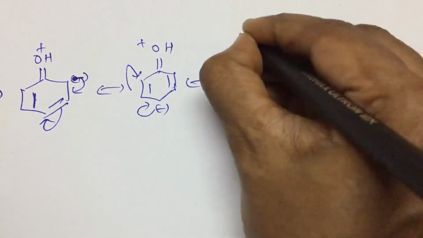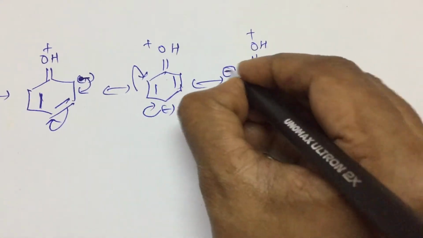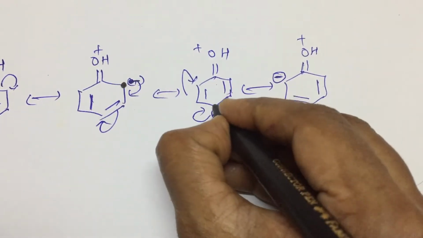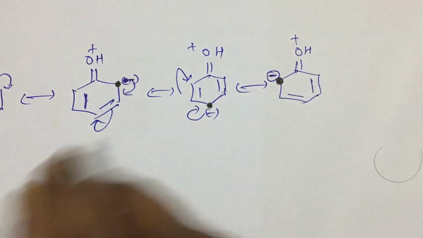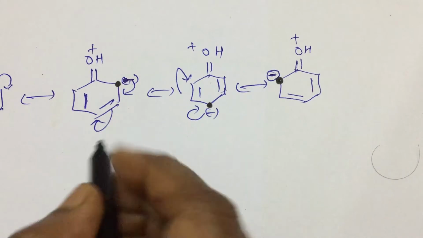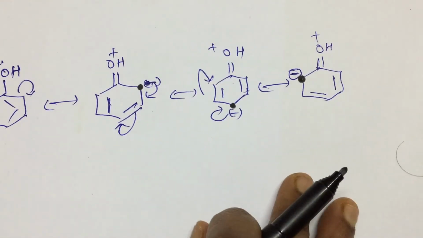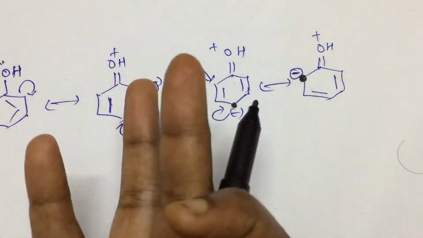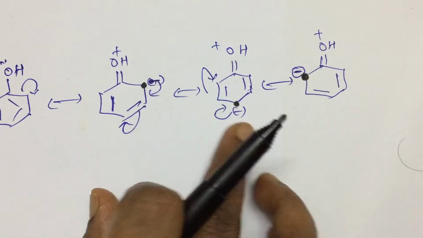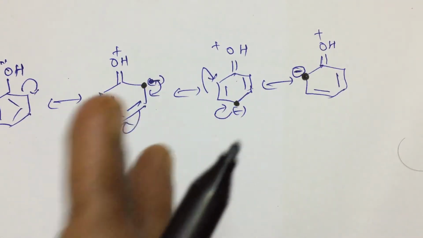If you closely analyze, only the ortho position, the para position and the other ortho position are getting the electron density, and your meta position is unaffected. It is not losing or gaining electron density. He is such a rich guy, which makes the ortho and para positions electron rich.